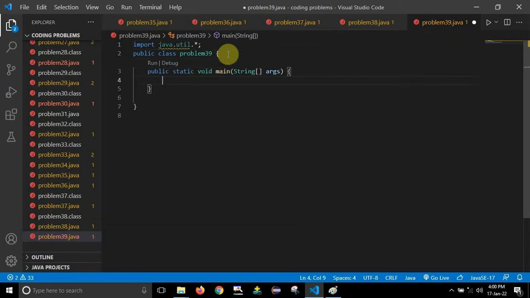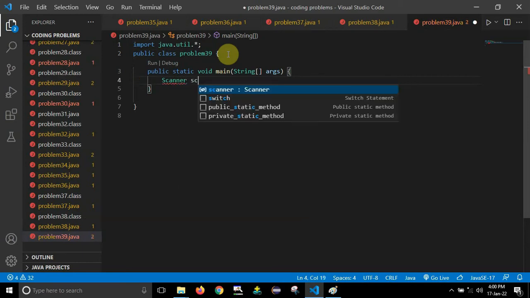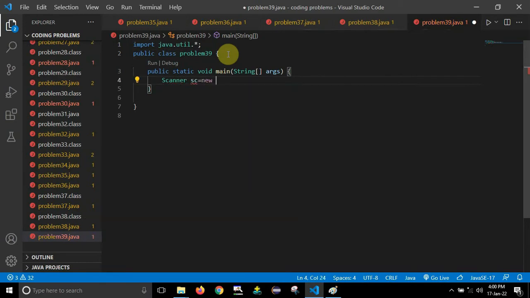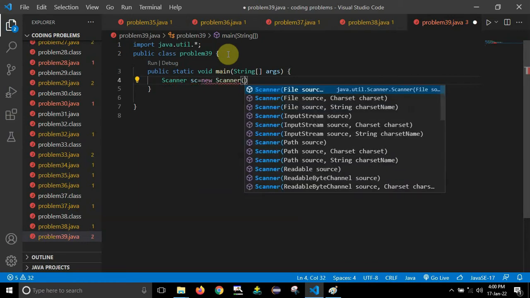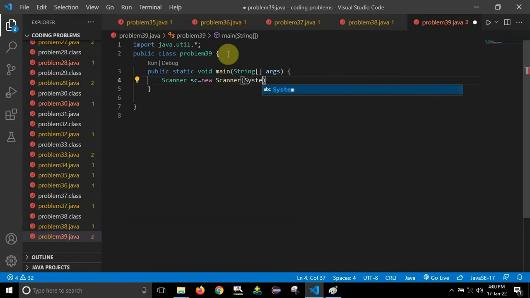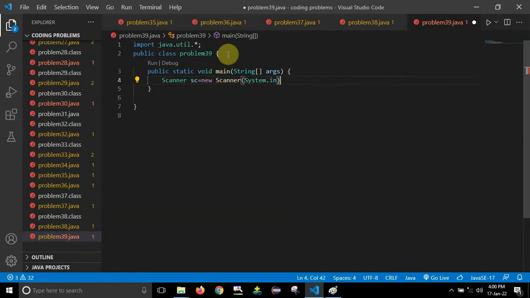After that, Scanner sc = new Scanner(System.in). This is for taking input from the user. Now let me print one message saying enter the number, so here the user will enter the number.